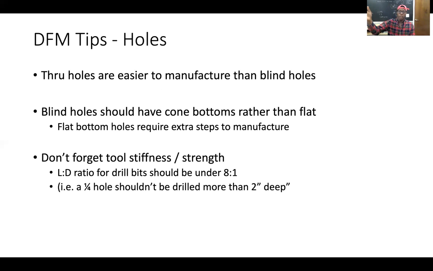Then you have to look at the DRO and make sure you're within the tolerance. I could have gone straight through and been done in 10 seconds. So we can see how through holes are much easier to manufacture than a blind hole.